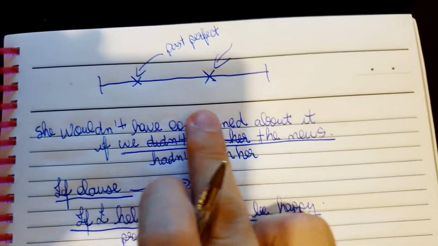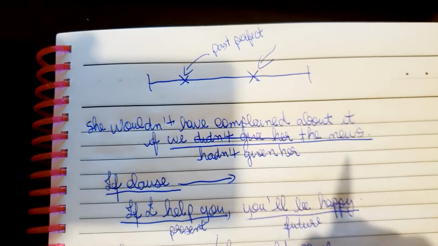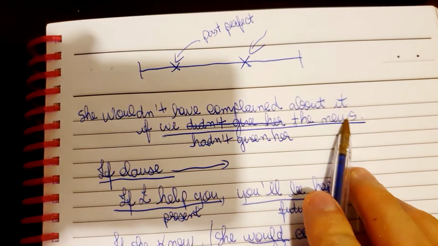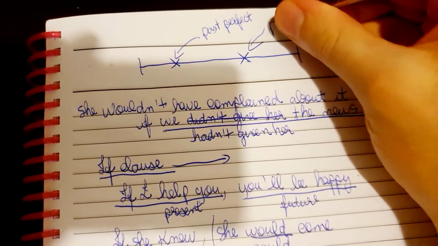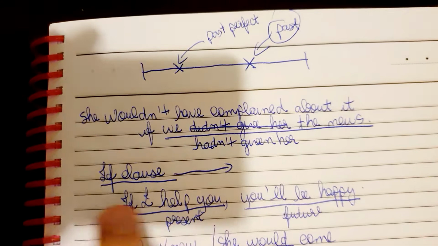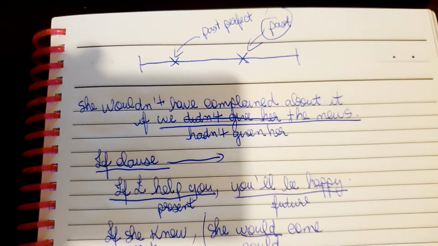She wouldn't have complained, but if we hadn't given her the news, what happened in the past? We gave her the news, and then she complained about it, okay?